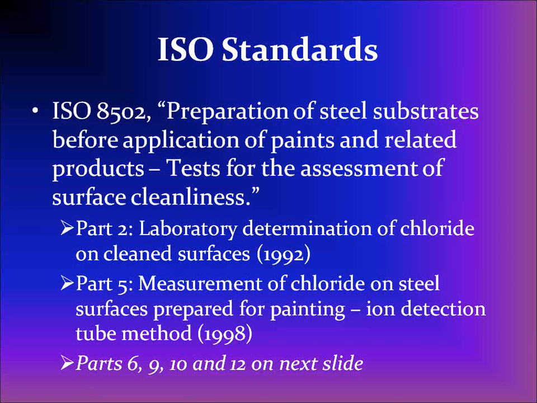And Part 10 describes a titration procedure that is used to determine chloride concentrations in a collected solution. Known as drop titration, this method can be performed in the laboratory, shop, or in the field. Finally, Part 12 of the ISO standard describes a titrometric procedure for detecting ferrous ions rather than chloride. Copies of all of these standards and their parts can be obtained through the American National Standards Institute, or ANSI.